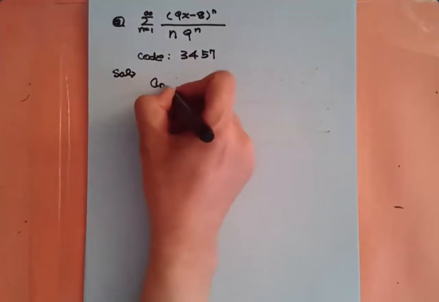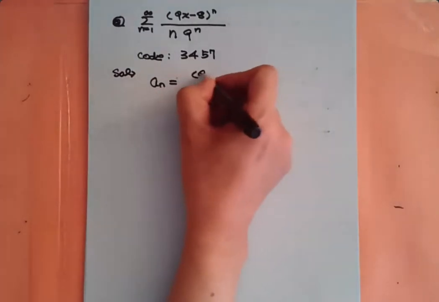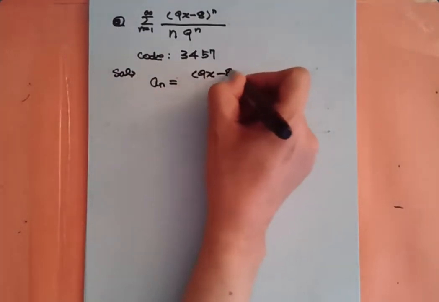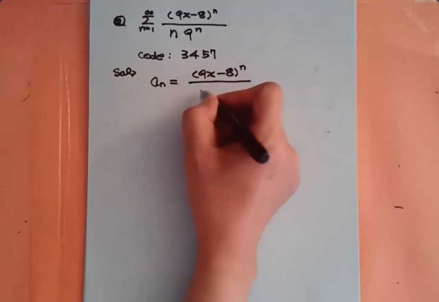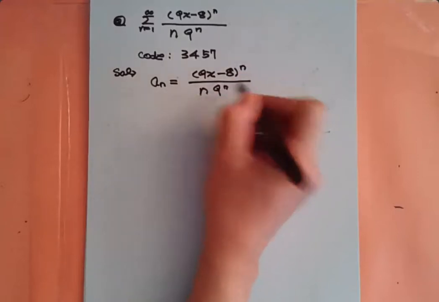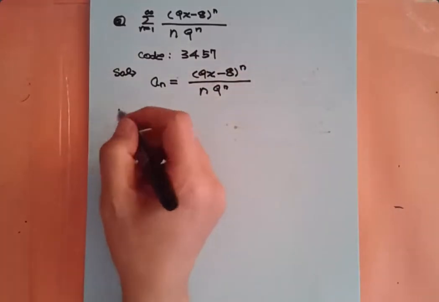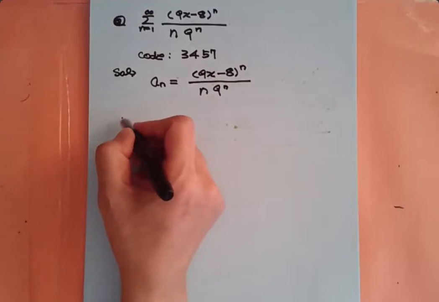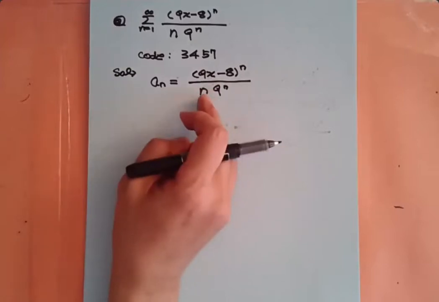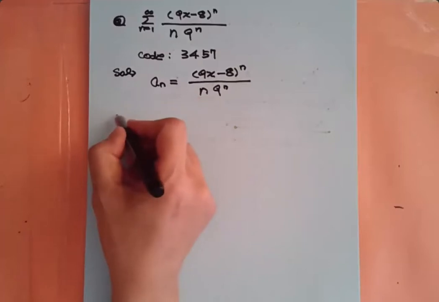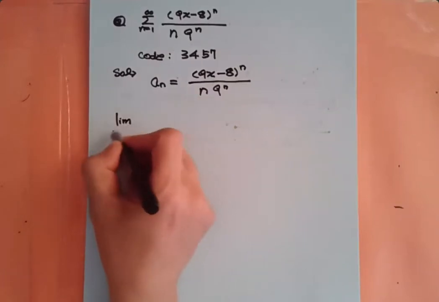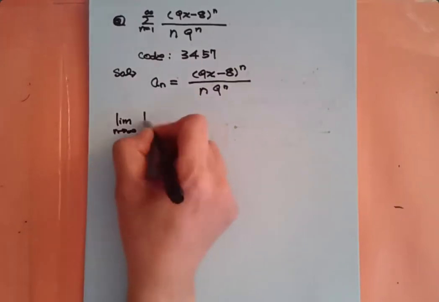So the sequence an equals (9x minus 8) to the n power over n times 9 to the n power. Again, because of the multiplication by n, we cannot use the root test. So we will continue to use the ratio test.